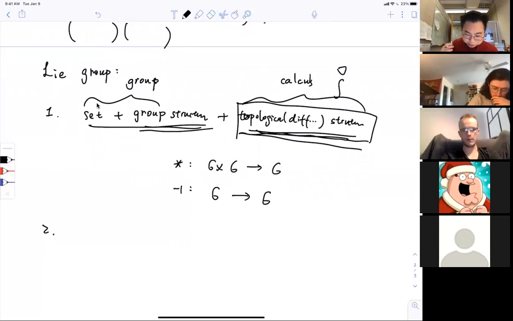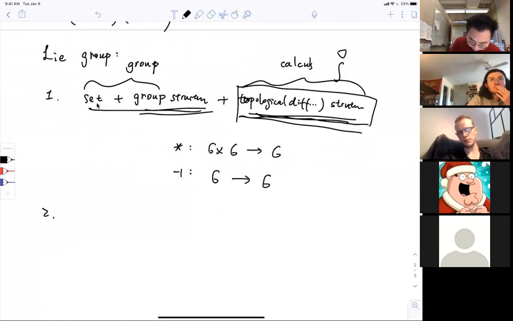In physical terminology, it's like a group that we can parameterize using a continuous variable. Then it's a Lie group, and the parameter space is the manifold of this Lie group.